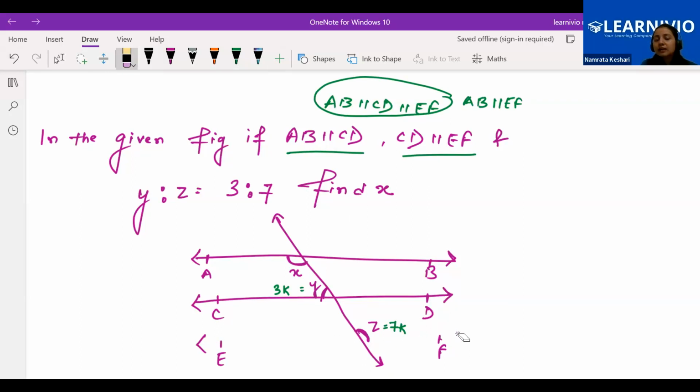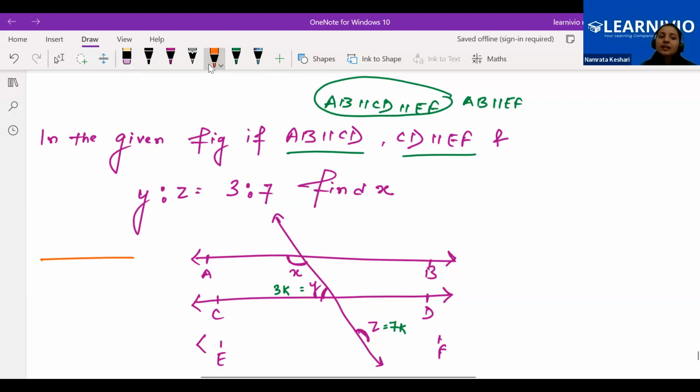So if Y is 3K, what is X? Focus on the straight parallel lines AB and CD. If Y is 3K, then X is what? Interior angle on the same side sum is? Interior angles on the same side sum will always be 180 degrees in the case of parallel lines.